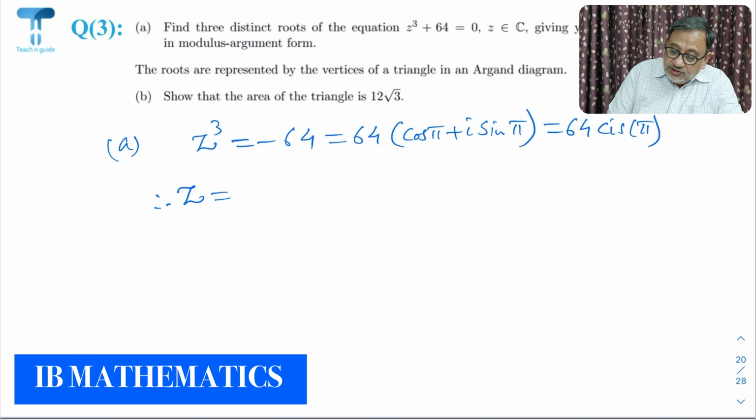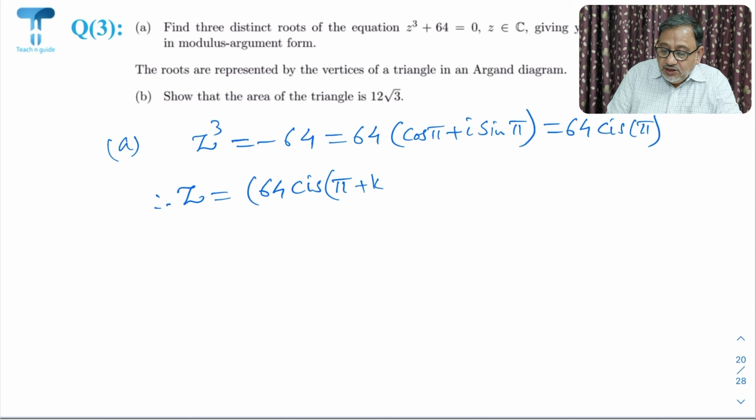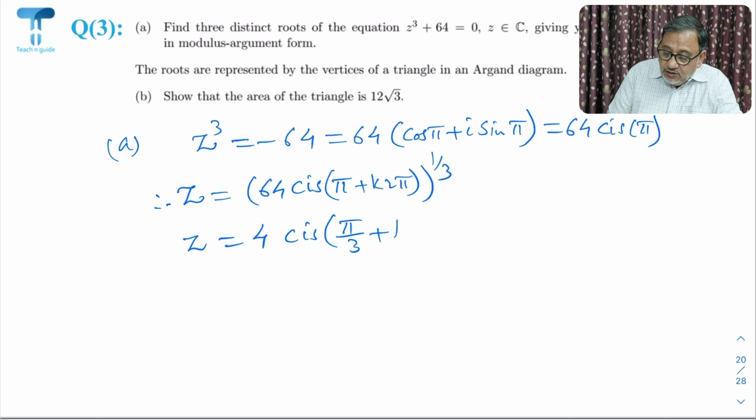Okay, so z will be 64 cis of pi plus k 2 pi, to the power 1 by 3. So z is equal to 4 cis of pi by 3 plus k 2 pi by 3, right?